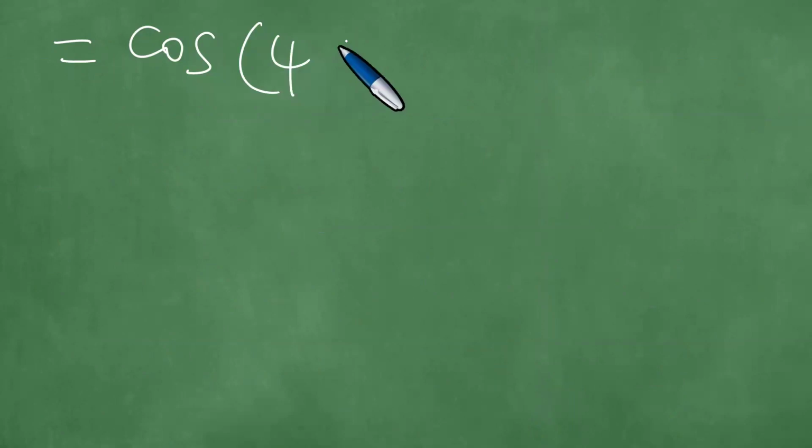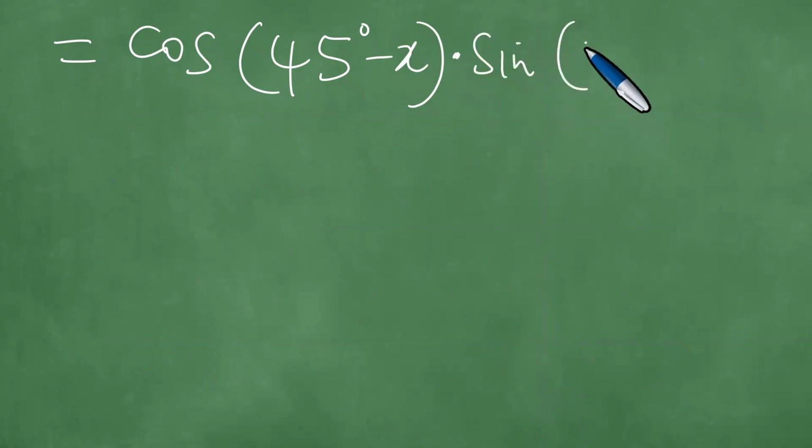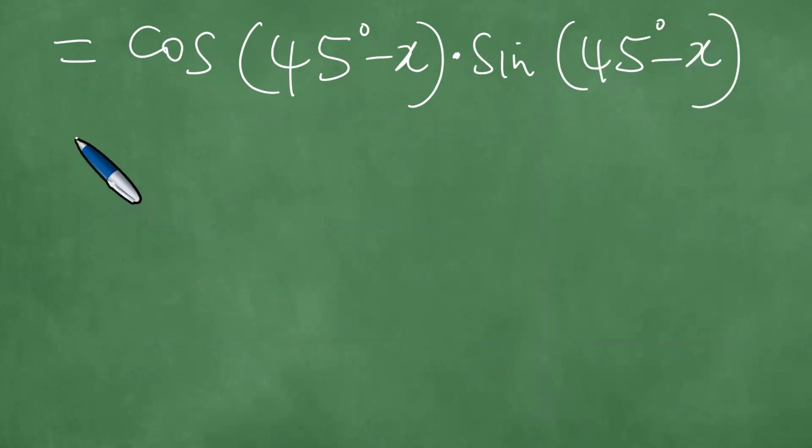And so we have therefore that this is the cosine of 45 degrees minus x multiplied by the sine of 45 degrees minus x. Now, what is the meaning of this?